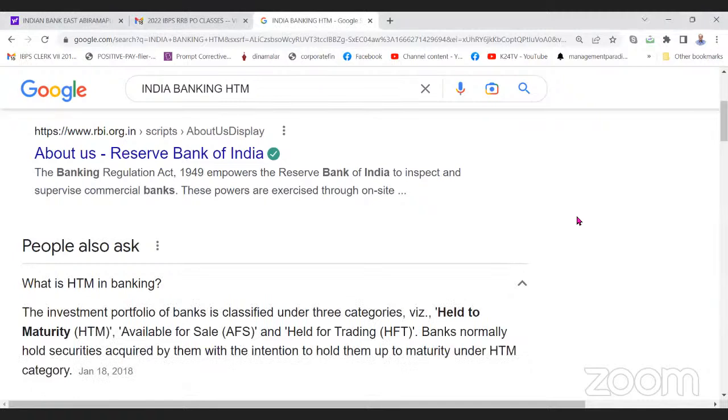The investment portfolio of banks is classified under 3 categories: held to maturity, available for sale, and held for trading. Banks normally hold securities acquired by them with the intention to hold them up to maturity under the HTM category.